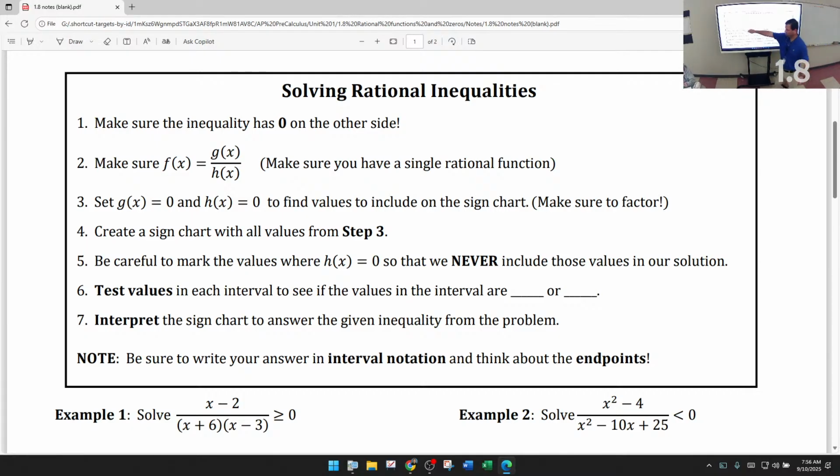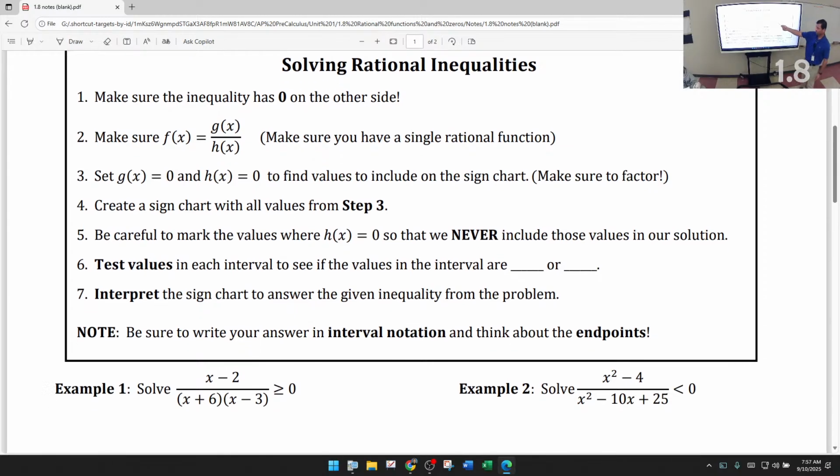You'll set g of x equal to 0 and h of x equal to 0, or set the numerator equal to 0 and the denominator equal to 0. Those are the values you're going to use for the sign chart, like you did for several of those. Of course, make sure to factor it because we want to find all the zeros.